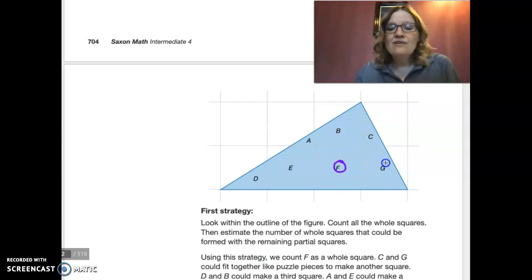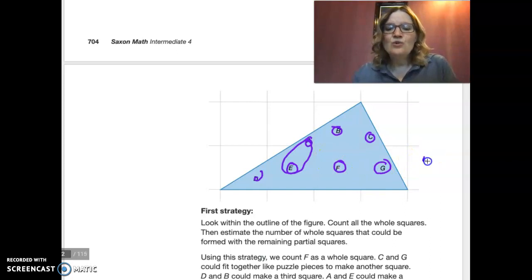I also have between G and C, that could be 1, and E and A could be 1 whole, and D and B could be 1 whole. So we've got this hole right here, and this hole right here, this one, and this one. So it looks like we have a total of 4 whole squares. So if we wanted to get an estimate, we could say 4 square inches.